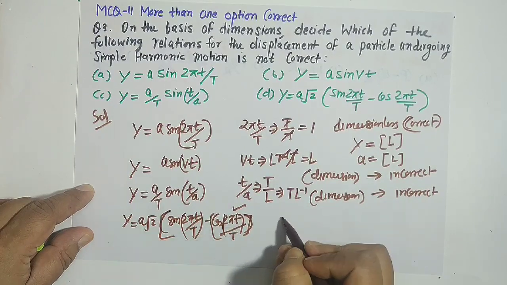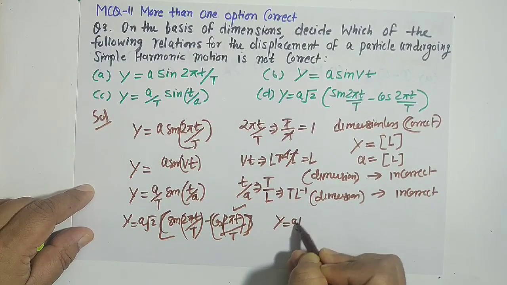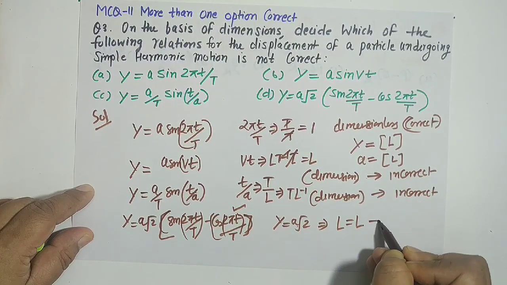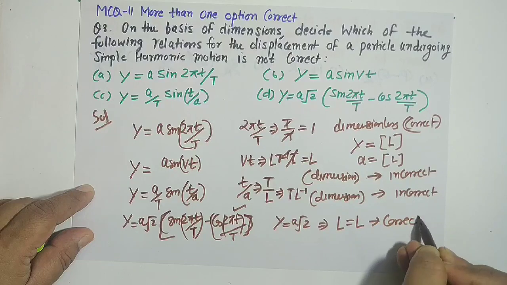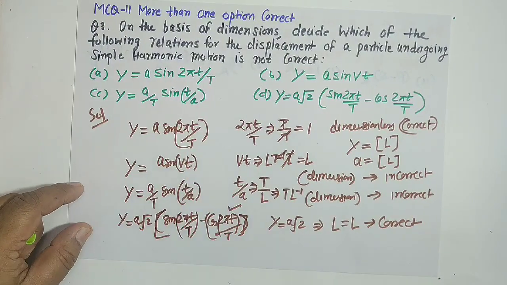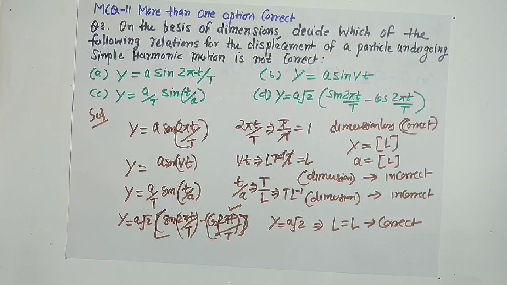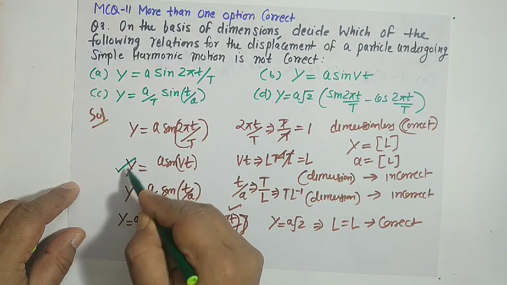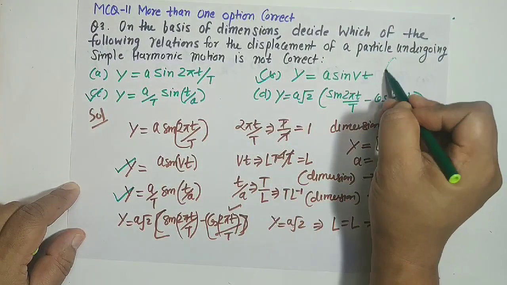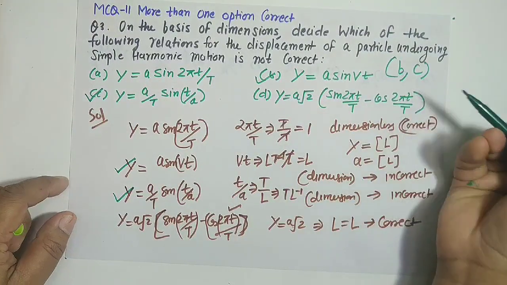If we check y equal to a root 2, y is L and a is also L, so it is correct. So which two are incorrect? This one and this one, B and C. So the answer for this is B and C. They are incorrect. Got it or not?